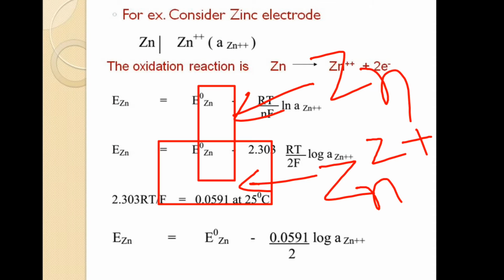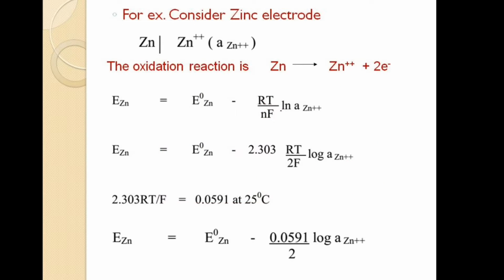If we take the example of zinc, that means a zinc rod dipped in Zn2+ solution, then for this the Nernst equation is written like this. If this ln is replaced by log, then the equation becomes: potential of zinc is equal to standard EMF of zinc minus 2.303 RT upon 2F log to the base 10 activity of Zn2+ ion.